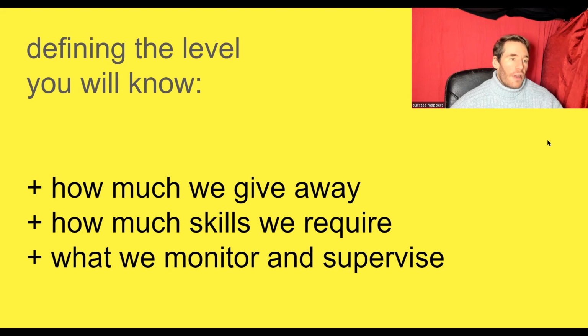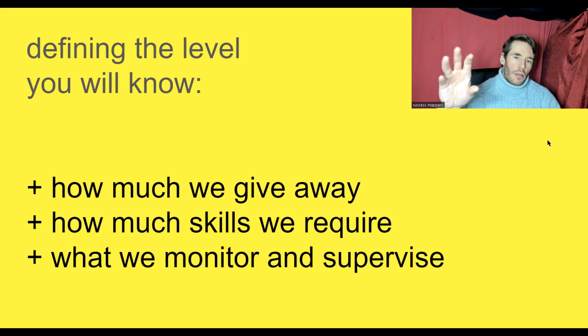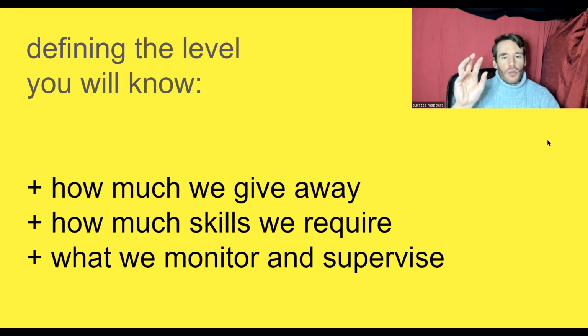Defining the level, you will know how much to give away, how much skill you require, and what to monitor and supervise. Because the information we provide is usually, not always, what you need to supervise or what you need to make sure is correct.